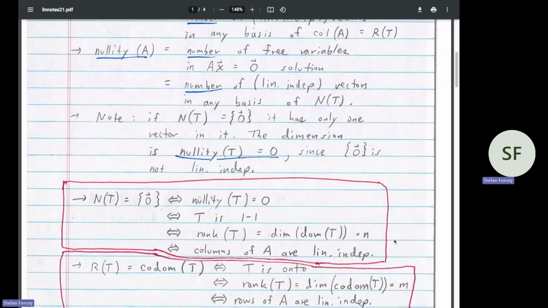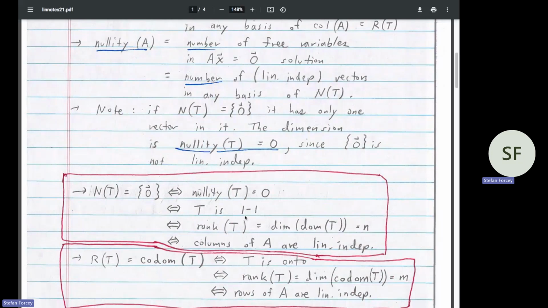So if the null space does happen to be just 0, then we say the nullity is equal to 0. The difference between the zeros here is that one is the set of the 0 vector, so all the zeros down the column, or the 0 function, whereas the nullity of T is the actual real number 0. It's the basis size, which is 0.